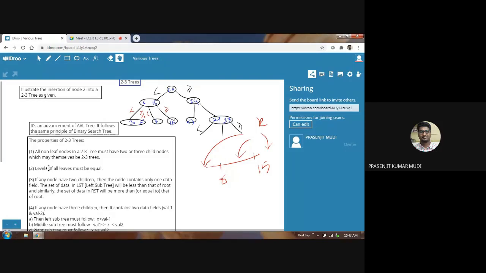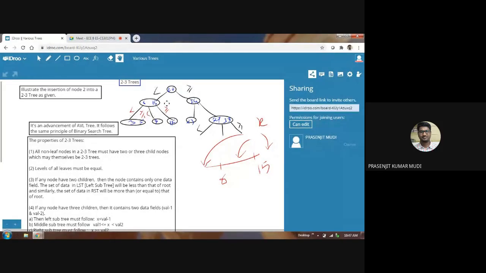For example, this one where 6 and 15 are shown can accommodate three children. If it was an AVL tree, it could accommodate a maximum of two children.